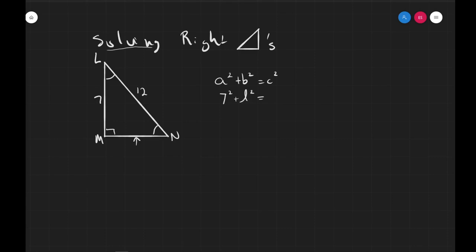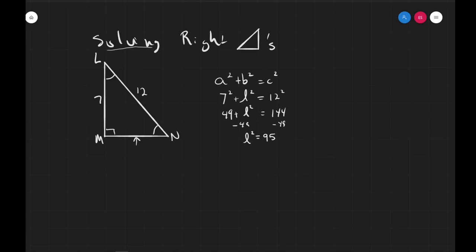So 49 plus L squared equals 144. Then we subtract 49 from both sides, which gives us L squared equals 95, I think. Yeah, seems about right.